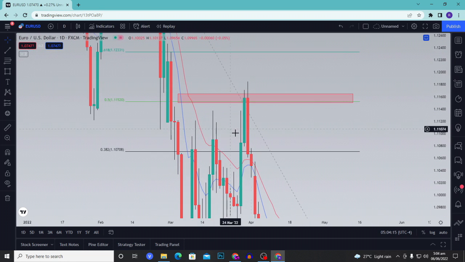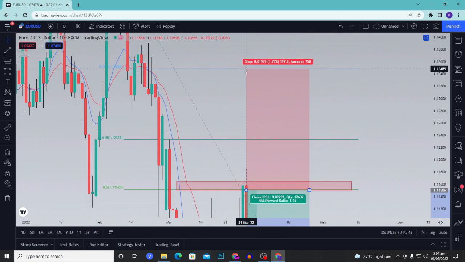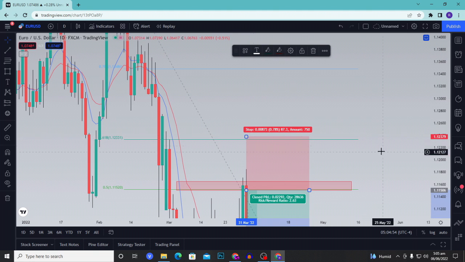So now, once we're waiting for price to come back up to this area up here, we set a sell limit right at the 50, since it's the bottom of the zone, with a stop loss either at the 0.786 on the Fibonacci, or since it's all the way down here, we can put it right above the 0.618 on the Fibonacci.